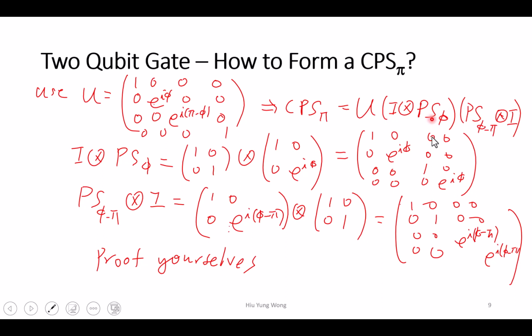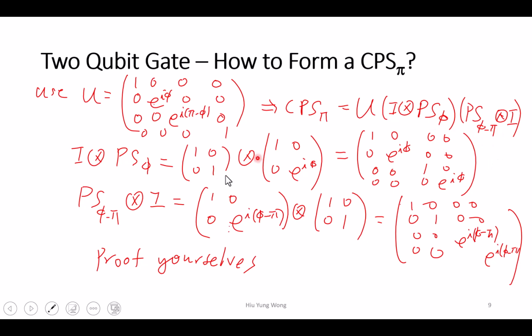And very often you can absorb this into other parts of the algorithm, because you probably don't need to implement this separately, since this is just a single qubit phase shift gate. If before you have other Z gates, you just combine them together, right? Phase shift by pi and phi minus pi.